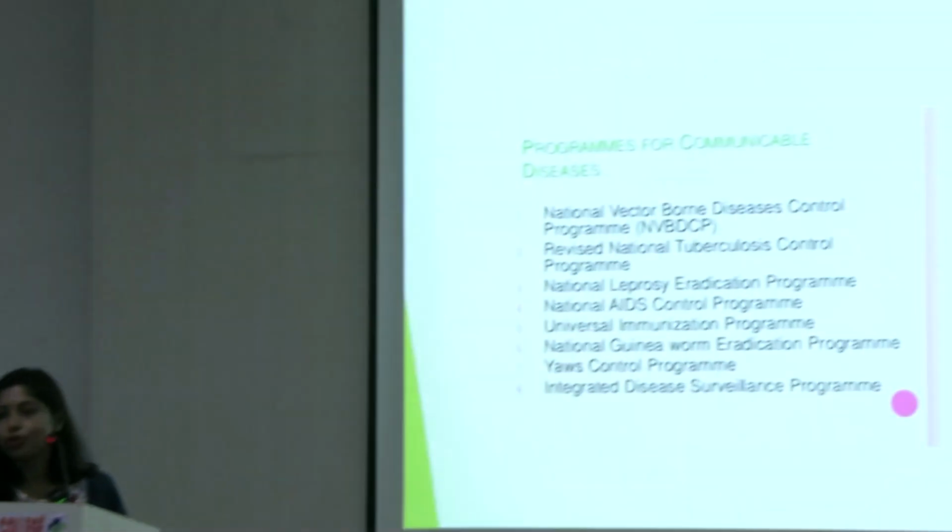Okay. Japanese encephalitis, the program started in 1978. It is also caused by mosquito. It is a viral disease. And dengue fever control was first initiated by the Department of Health in 1993. Chikungunya program, I am still talking about the first point, the National Vector-Borne Disease Control Program.